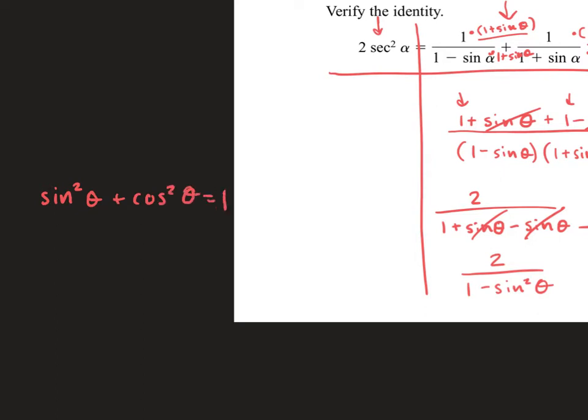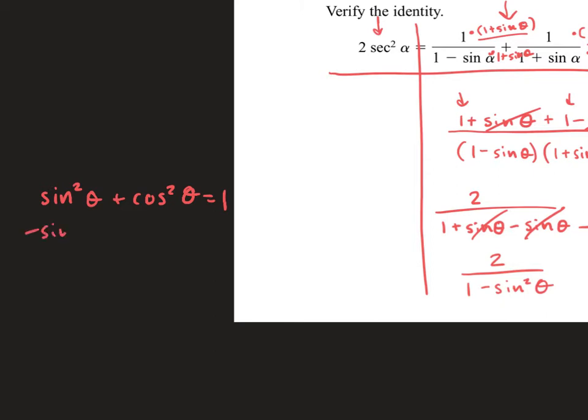So can we manipulate this sine squared plus cosine squared equals 1 to 1 minus sine squared? Yeah. How do we do that? You move the cosine over and the 1. Our goal is to get 1 minus sine squared. So what do we need to do? Minus the sine squared.